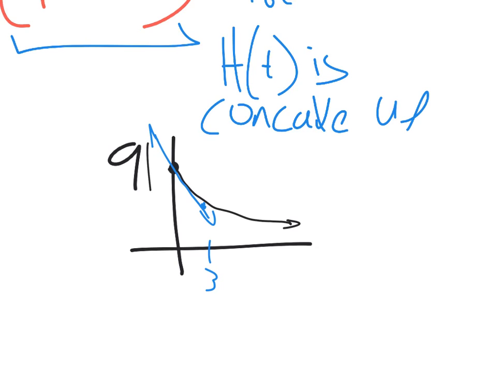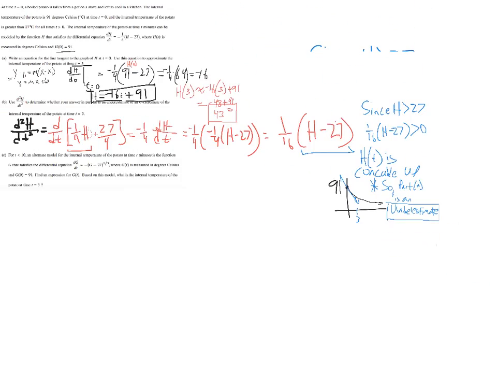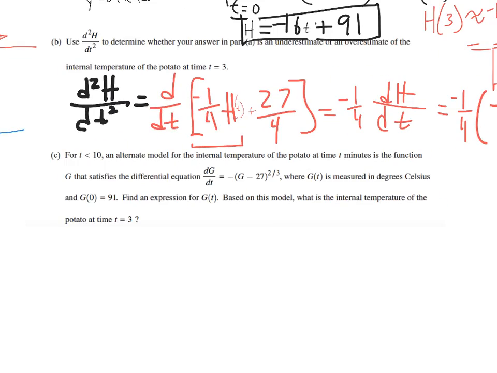And notice the blue dot is below this concave up curve. So that is an underestimate. So part A is an underestimate. That's the key there. All right. It's below. We don't know what the actual curve is, but it's below. Okay. All right.